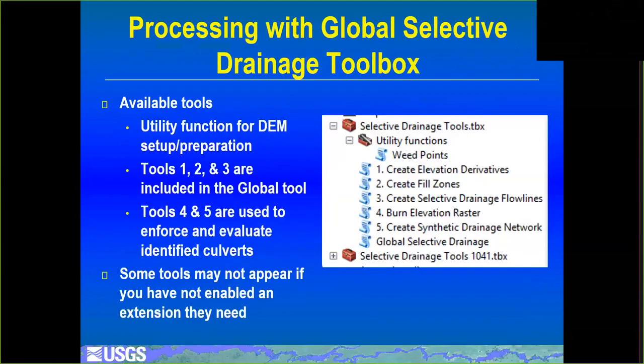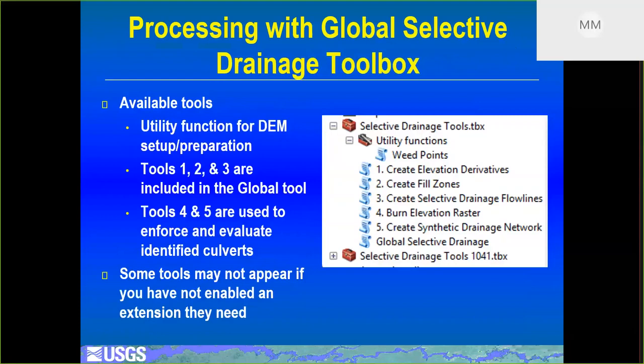Once you've downloaded the Selective Drainage Toolbox, it's going to look like that screen capture there on the right. There's a utility tool in there in case you need to start with, let's say, a LAS file and you're working with points rather than a raster product already.